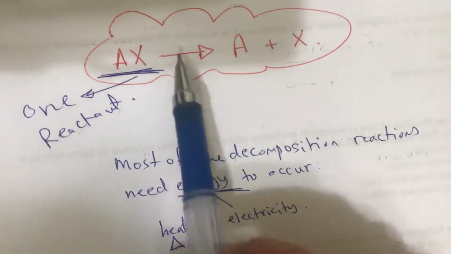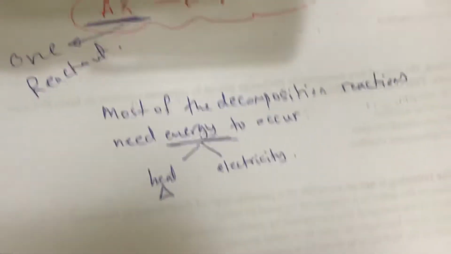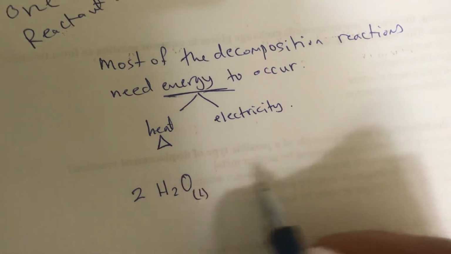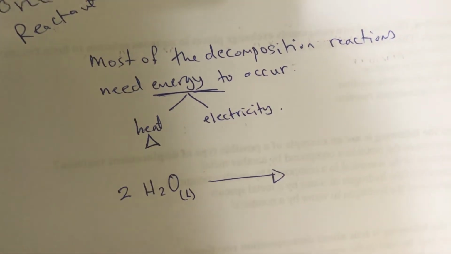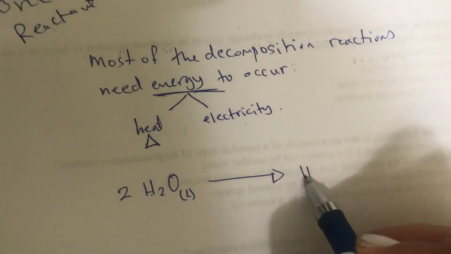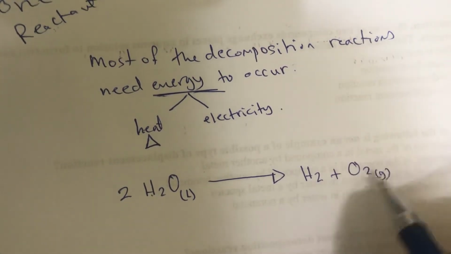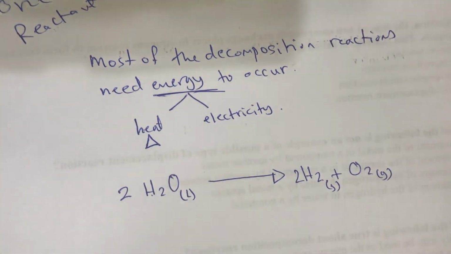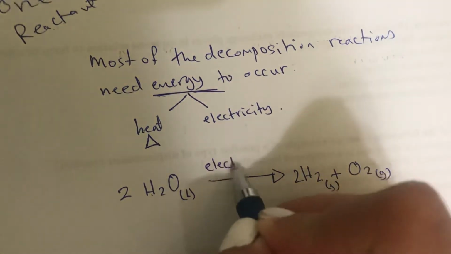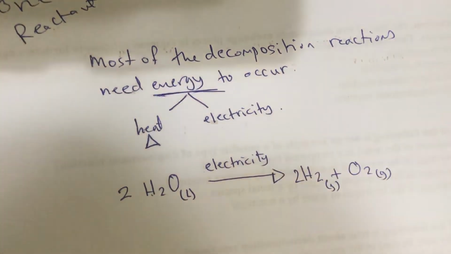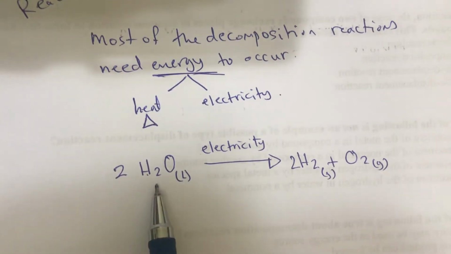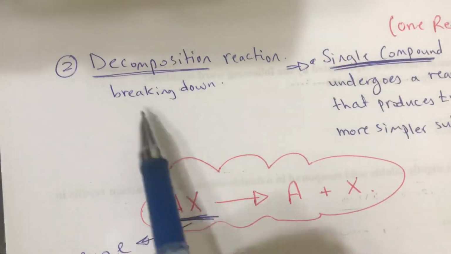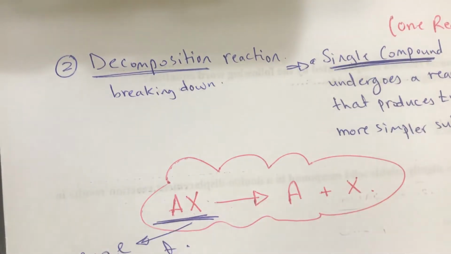So, an example of decomposition reaction, the decomposition of water. Water decomposes to simpler substances, which is hydrogen gas and oxygen gas. So this reaction needs energy as electricity to occur. So here we add electricity. So here you have one reactant, so it's a type of decomposition reaction.